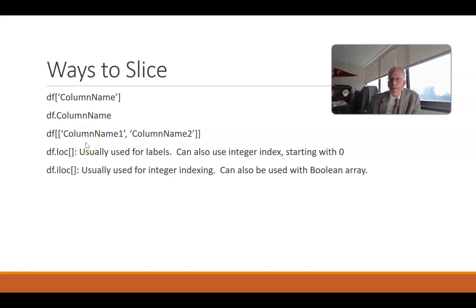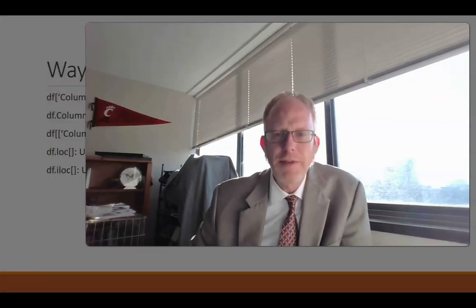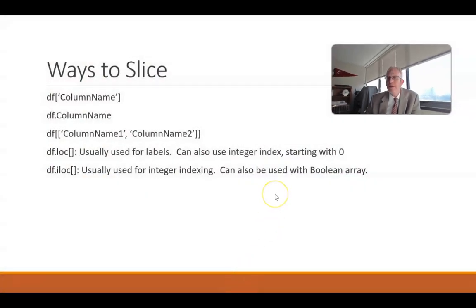Now we also have a few other tools, loc and iloc. So loc is typically used for selecting by labels, and that could be either for the columns or the rows or even both. If we have an index where we're maybe using an object as the index type, this becomes very handy. We can use an integer index as well if we want, although loc we typically use for label indexes.